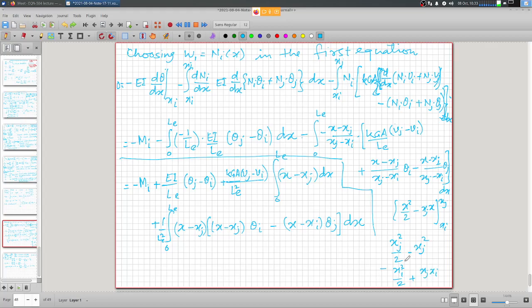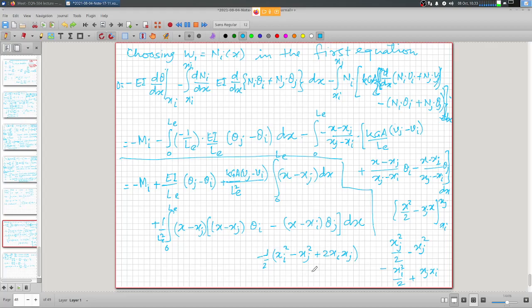So this becomes xi square minus xj square plus twice xi xj, 1 by 2, right?